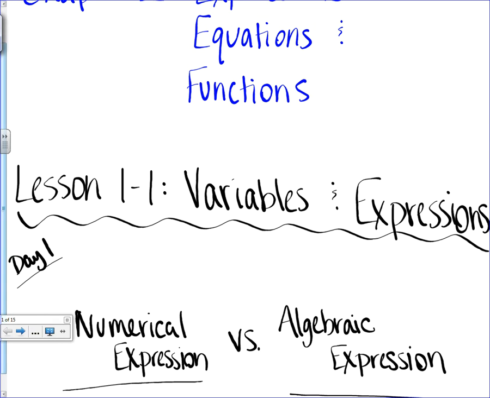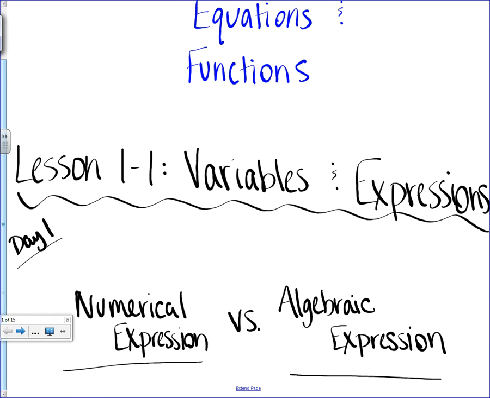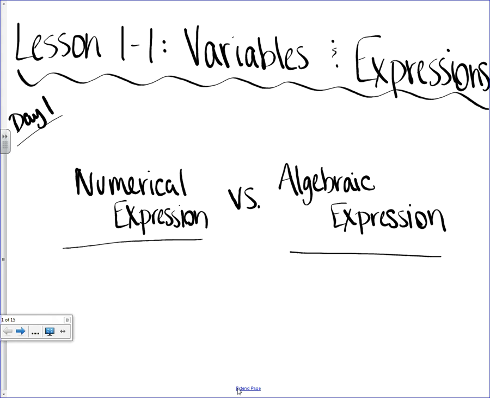Okay, the first thing I want to know, what's a numerical expression? What's an algebraic expression? Okay, those are the 2 things we're going to talk about first. And there's a difference. Okay. But you see how they both have that word expression after them? Yes? Okay, an expression has no equal sign.